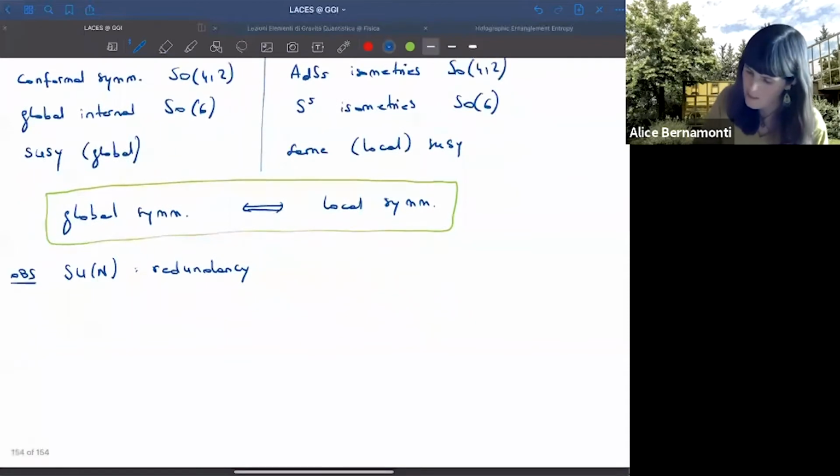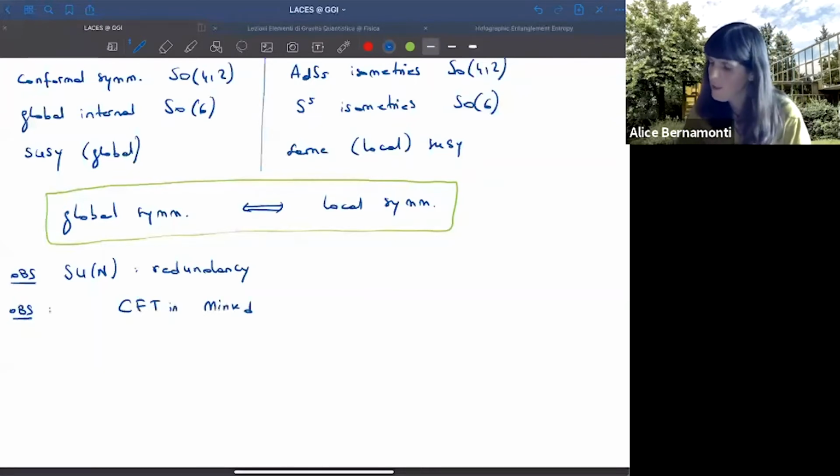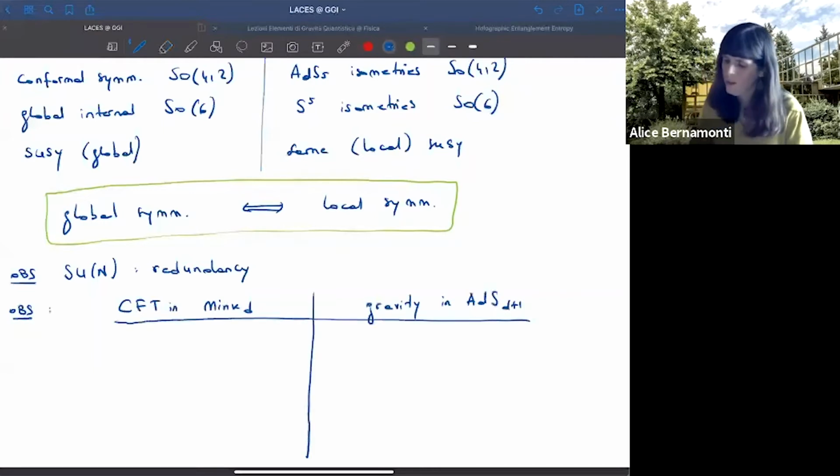Let me write what we expect in general. For a conformal field theory in Minkowski space in d dimensions, which is dual to a gravity theory in AdS d+1, in general we have the following.